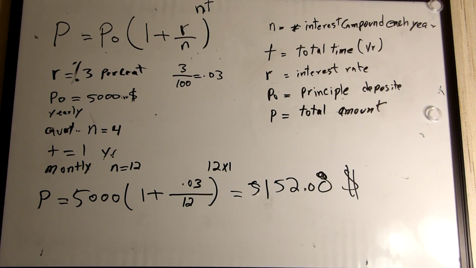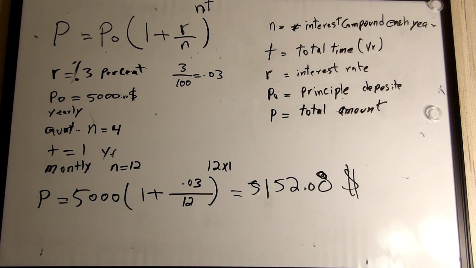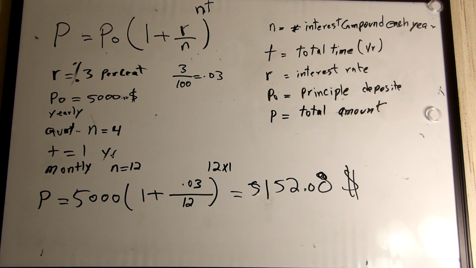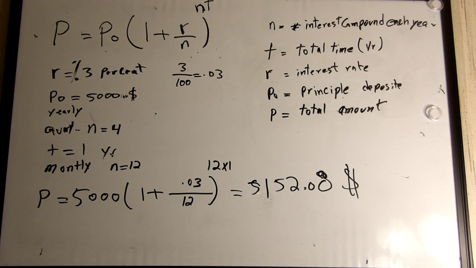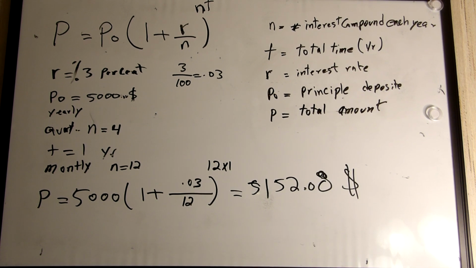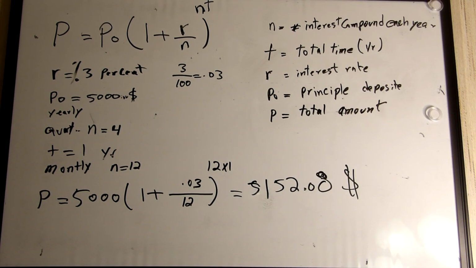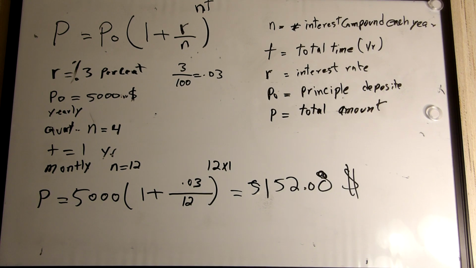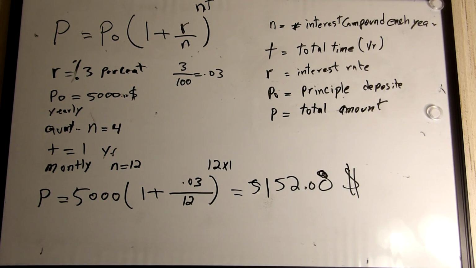So there are a lot of things here. In this one we talked just about interest compounded quarterly, yearly, and monthly.